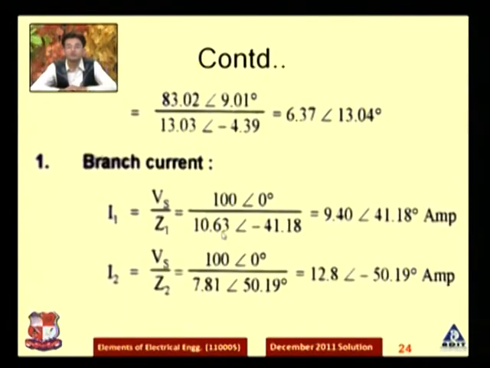So the difference you can see here: the current will lead the voltage, while in this circuit the current will lag the voltage, right? That is the basic difference of these two currents, and both have different values because the impedance value of both circuits is different.